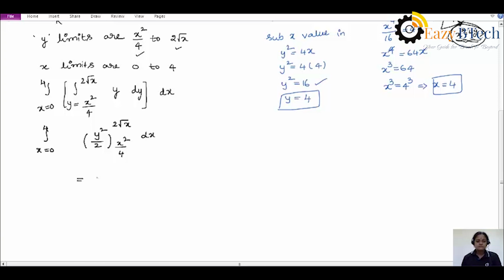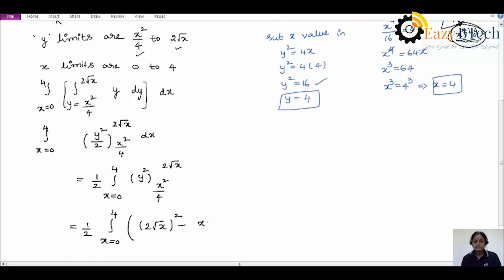So at first, 1 by 2 common, x is equal to 0 to 4, y square, x square by 4 to 2 root x. Then 1 by 2 integral x is equal to 0 to 4. Substitute the limits: 2 root x whole square minus x square by 4 whole square.